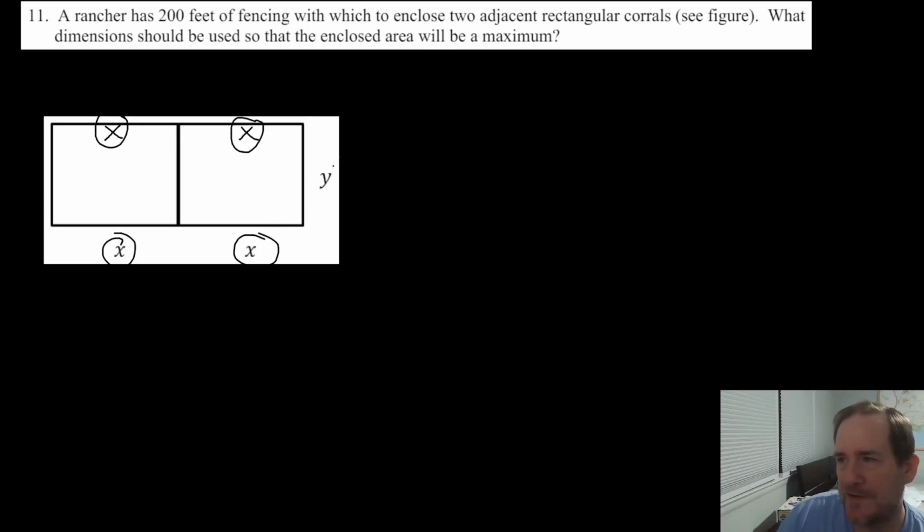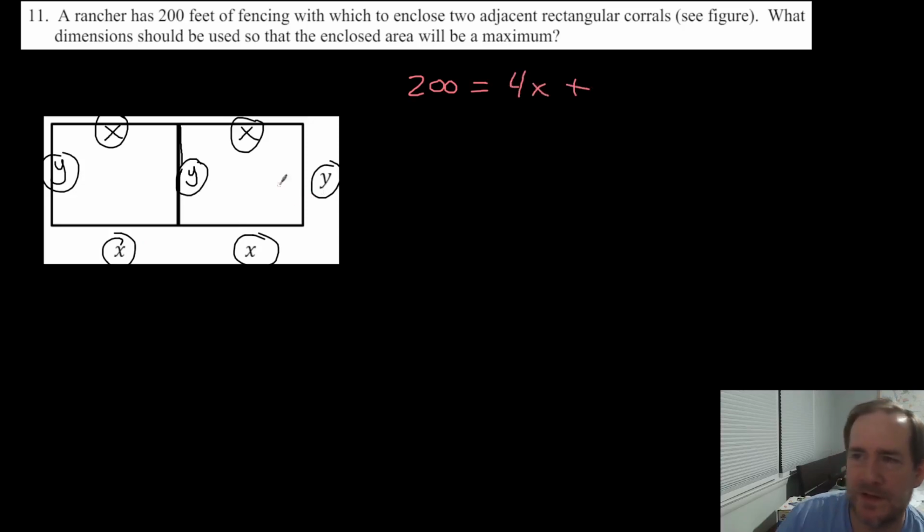Then the vertical dimension is y, and then you just run one down the middle, so there's a third y. That means our constraint equation, our 200 feet of fencing, would have to equal 1, 2, 3, 4 x's added together plus 3 y's added together. There's your constraint equation.